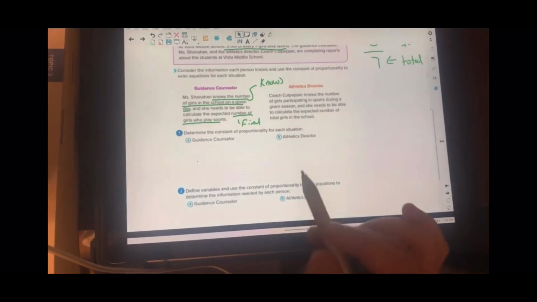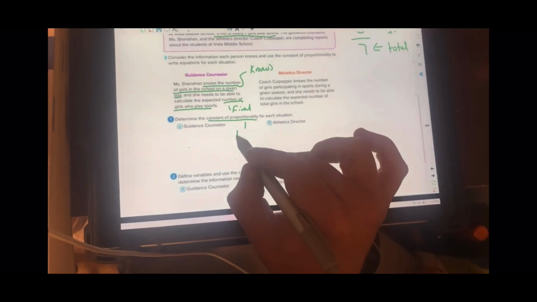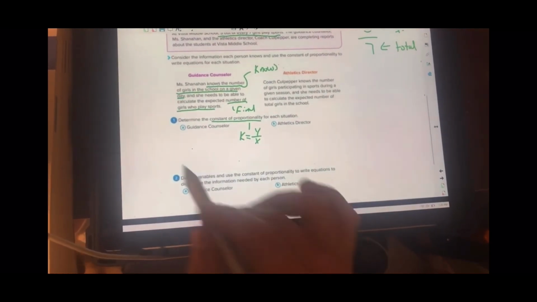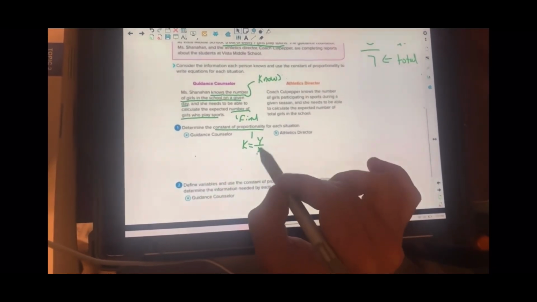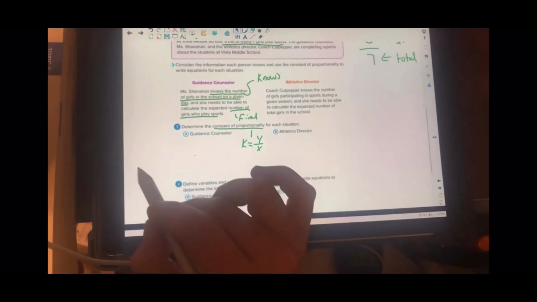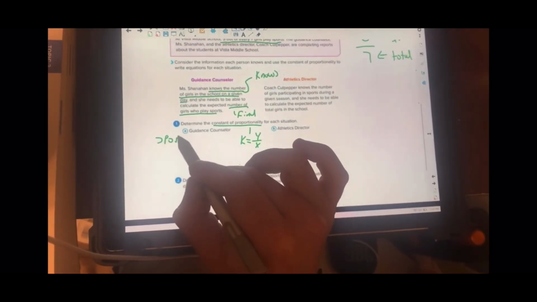Now we have to find the constant of proportionality, which is our k equals y over x. That's going to give us our constant for both scenarios. So let's start with this. k equals y over x, where y is what I'm finding and x is what I'm given. She is trying to find the girls that play sports.